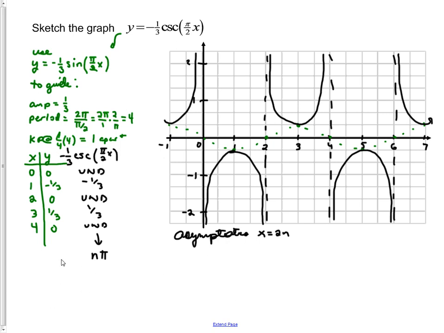But one way of calculating it is to take the argument pi over 2x and set that equal to n pi. And since n pi is sort of the default for our sine, our cosecant function, then we do that. Now, if we solve for x, we multiply both sides by 2 over pi, and what happens? Well, sure enough, pi divides out, and we get our asymptotes at x equals 2n.